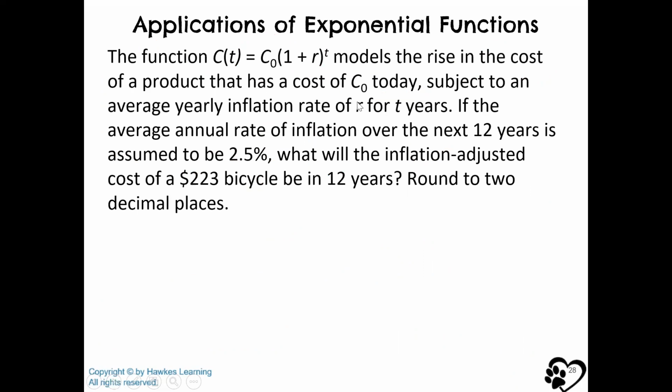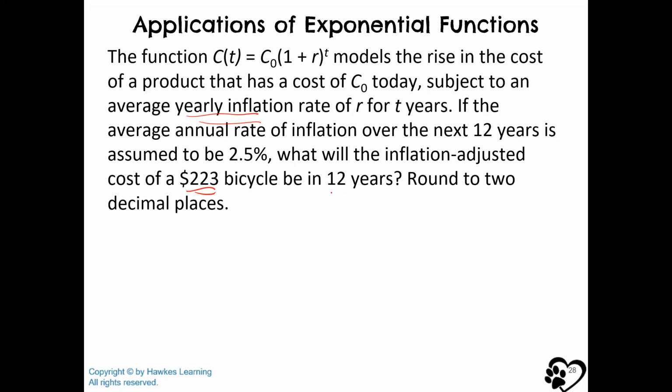All right. Now on this one, we are talking about compound interest. Oh, we're talking about yearly inflation rates. So basically what you're going to do is, it says if the average annual rate of inflation over the next 12 years is assumed to be what will the inflation adjusted cost of a 223 bicycle be in 12 years?